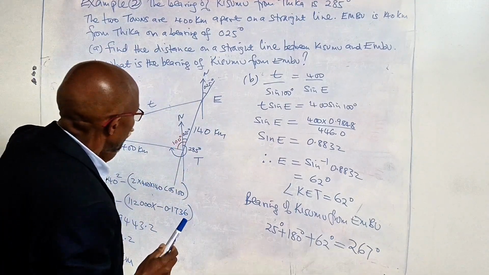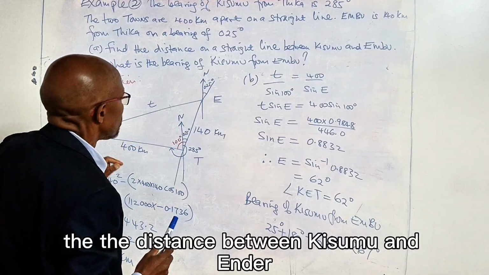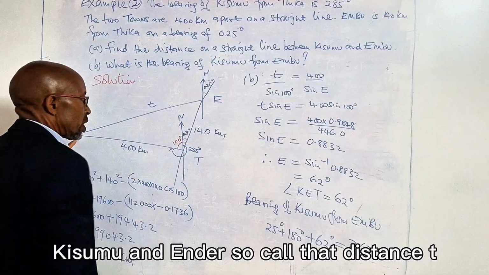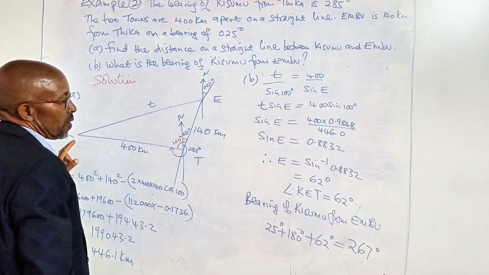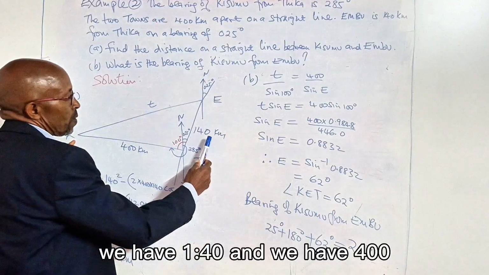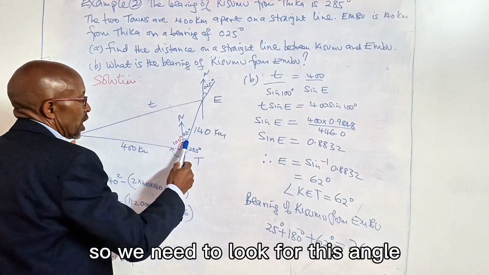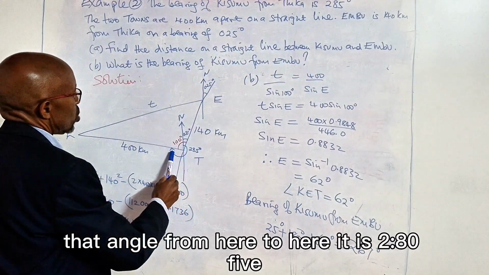We want to find the distance between Kisumu and Embu. Call that distance t. We have 140 and we have 400. So we need to look for this angle. That angle from here to here is 285.